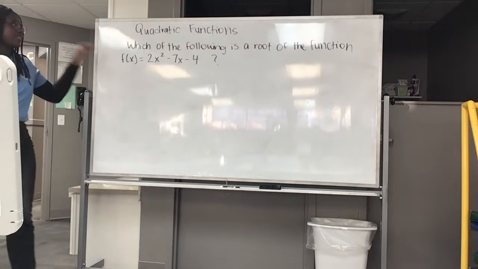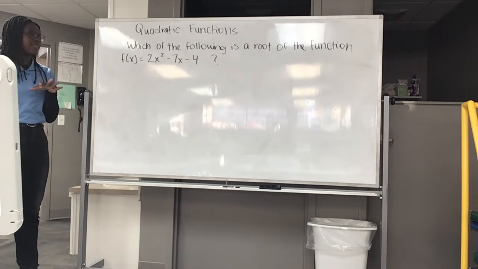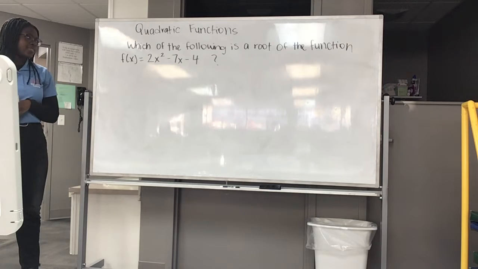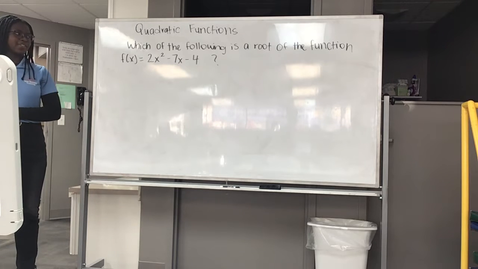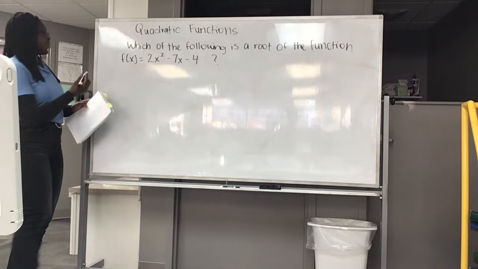Okay, so here's my question. Which of the following is a root of the function f of x equals 2x squared minus 7x minus 4? And I'll give you your options.